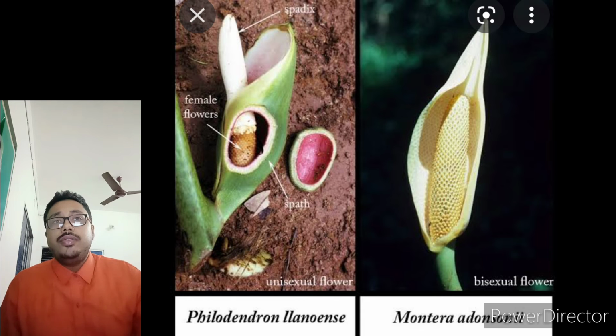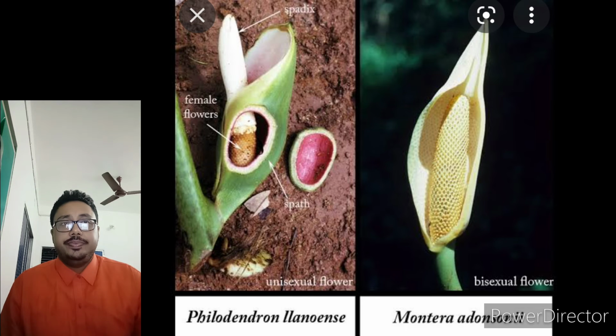The unisexual plants are like papaya plant, watermelon plant. Now the flower which contains both the sexes, that is it will contain stamen and it will contain pistil, like hibiscus flower, is known as bisexual flower.